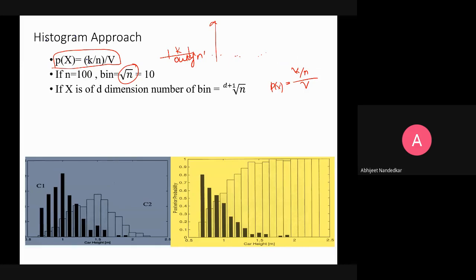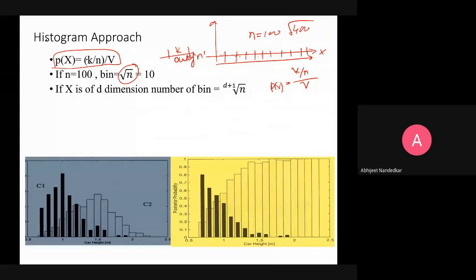If this is my scale of x, then I will divide it like this into 10 equal bins, provided I have n equal to 100. Now if n is equal to say 400, then you will go for square root of 400, so maybe 20 bins. Like that we can do this.